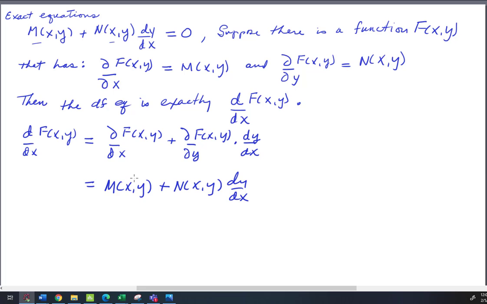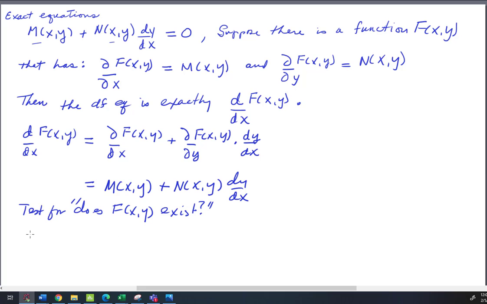Now none of that tells you how to find f, or even if f exists, and it may not exist, but there's a simple test to see if f is going to exist. And we'll just write down here the test for whether f of x, y exists.